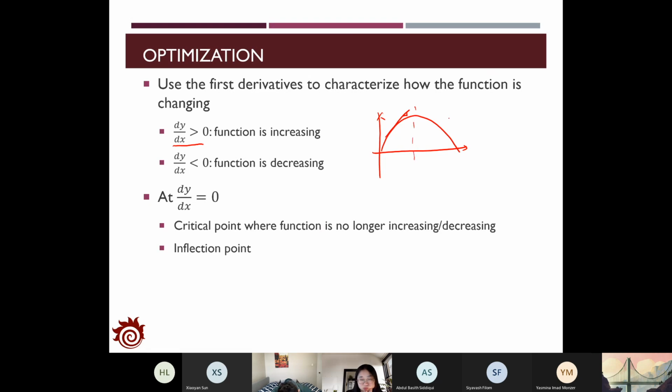If dy over dx is smaller than 0, the slope is negative, which means the function is decreasing. But the tricky part is the point where dy over dx equals 0, which is the point with zero slope, and that could be defined as the optimal point.